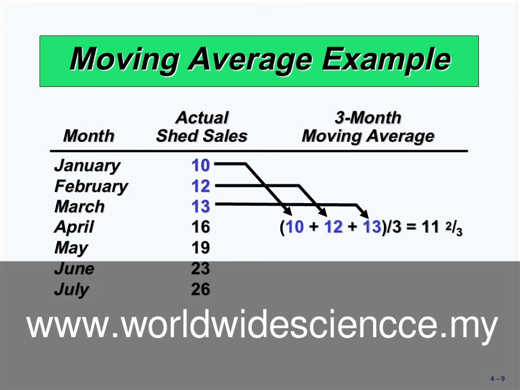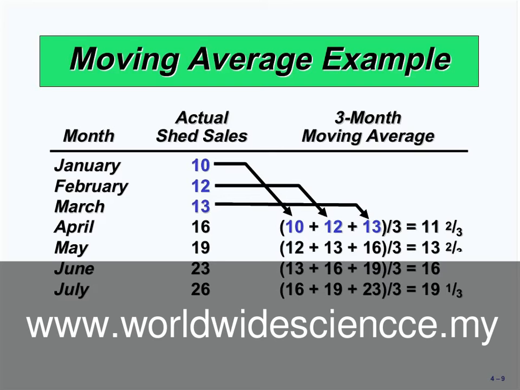When that month has finished, you can compare the actual sales with the forecast. For example, you forecast 11 1/3 for April, but the actual sale was 16. There is error here because you cannot predict 100%, and you cannot forecast the real number.